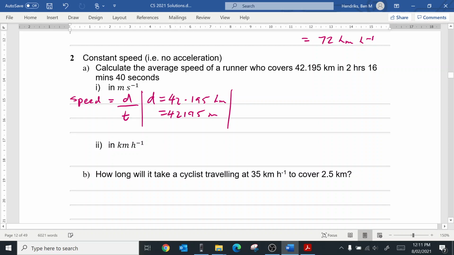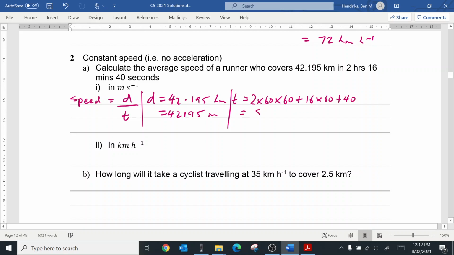The time is equal to 2 hours, and I want to convert that to seconds. There's 60 minutes in an hour and 60 seconds in a minute. So 2 times 60 times 60, plus 16 times 60 seconds, plus 40.